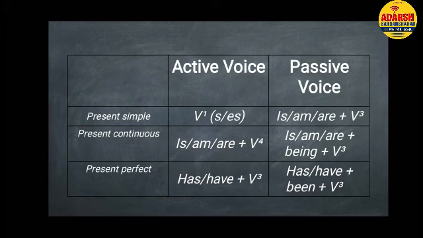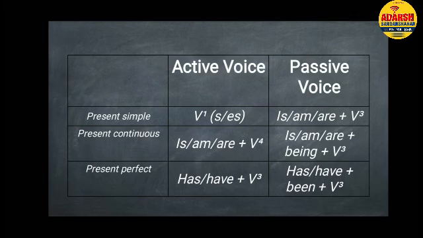In present continuous, the active voice helping verb is am/is/are plus the verb's fourth form, which is the continuous form, while in passive it is am/is/are plus being plus the verb's third form. In present perfect, the helping verb in active voice is has/have plus the verb's third form, while in passive it is has/have plus been plus the verb's third form.